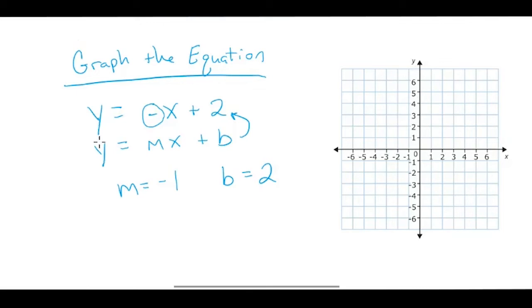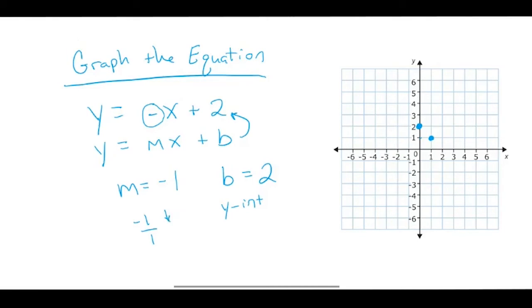All right, so now I can graph. I know my b is 2, which is my y-intercept. So I'll go to +2 on the y-axis and make a dot. And my slope is -1, which is -1 over 1. So I'm going to, from the y-intercept, go down 1, and go right 1, okay?